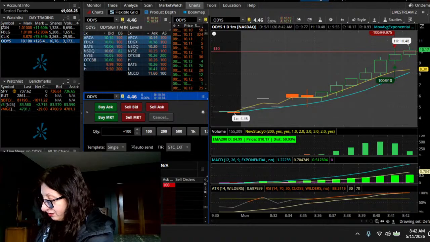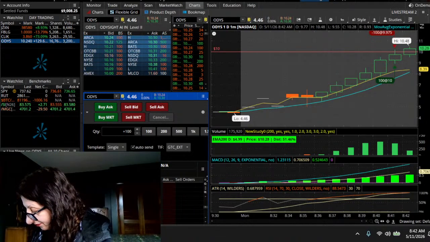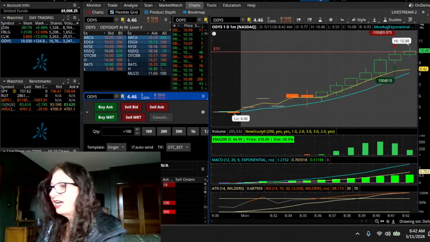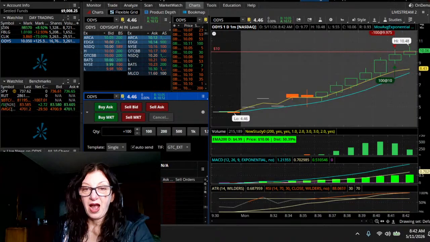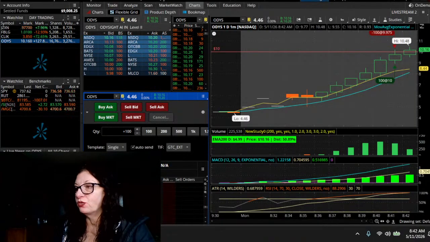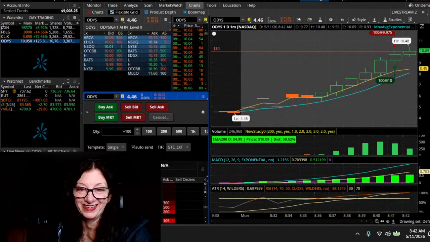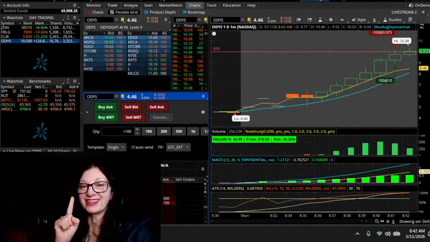So I had to, in order to get certain, well, and now I'm red, right? My one trade of the day is red.